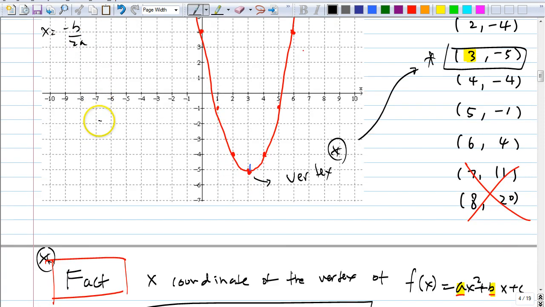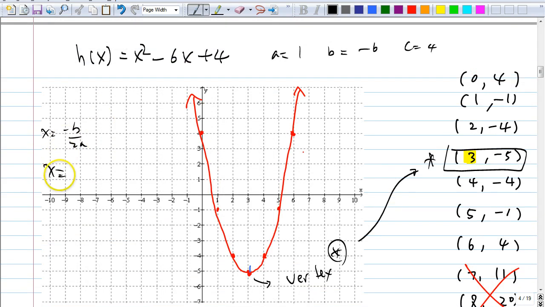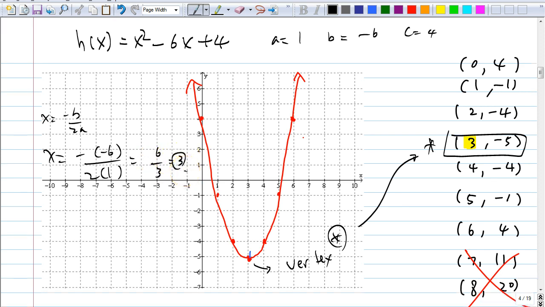So x equals negative, negative 6 over 2 times, what's our a? 1. What is negative over negative 6? That's positive 6 over 2, which is 3. Look, doesn't that give you the x coordinate? Yes. 6 over 2 is 3.